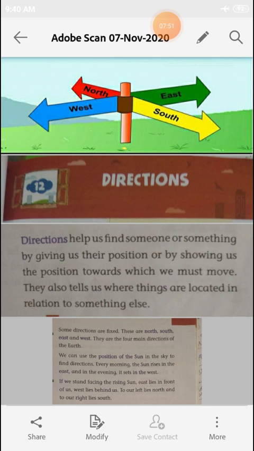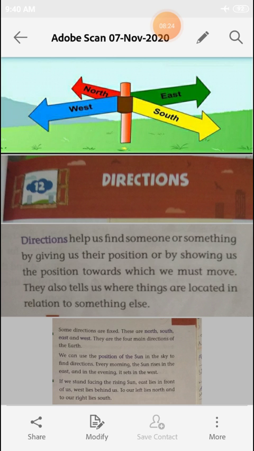Direction helps us find someone or something by giving us their position, by showing us the position toward which we must move. And we also know some directional words like left, right, straight ahead, behind and in front of to give direction.